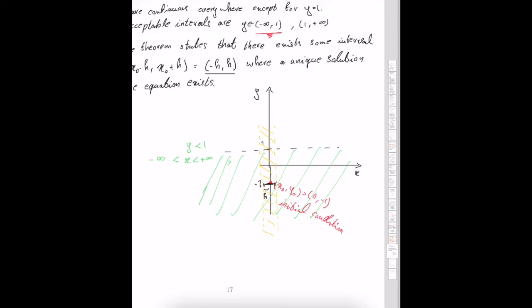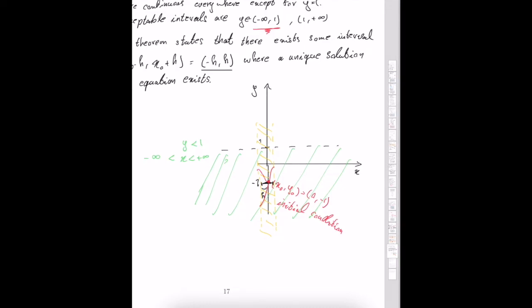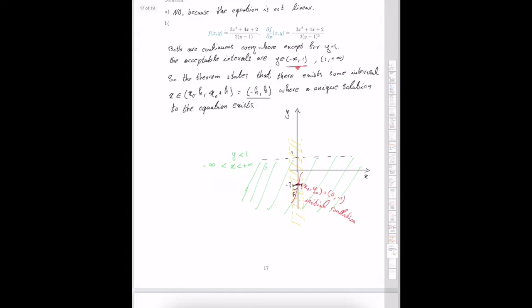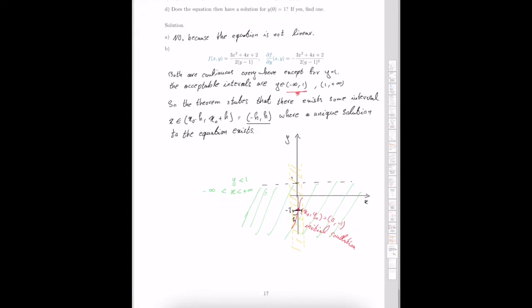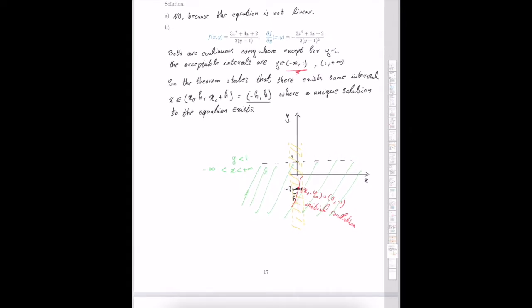So for example, it might be something like this. The point is that in this little yellow part, I will not have multiple solutions. I cannot have another solution passing through it. That's all that this theorem is telling me, right? So nothing more. It's not telling me what will happen in this area or in this area out of the yellow part.